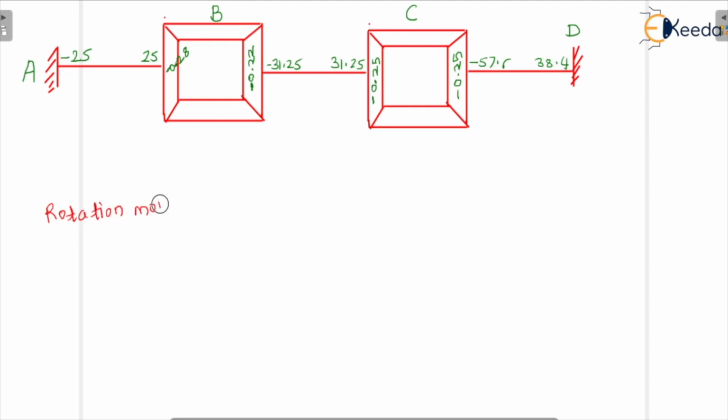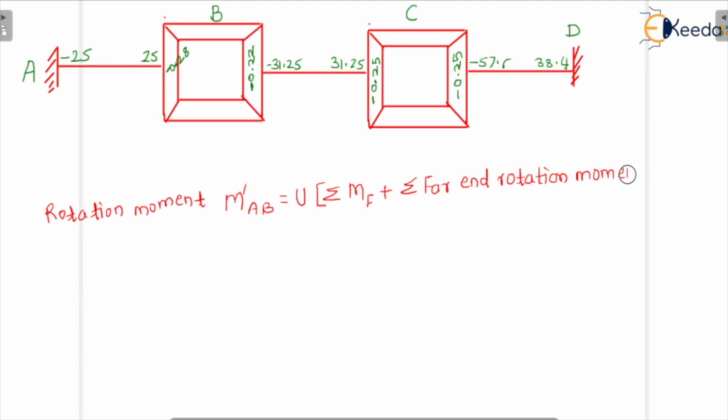For any part of the beam, the formula is m dash of AB is equal to U into summation of m, whatever fixed end moments, plus summation of far end rotation moment. So this is our formula. It will be multiplied with the rotation factor. Now we have to do the trials to see where we will be getting the answer. So let's start with trial 1.